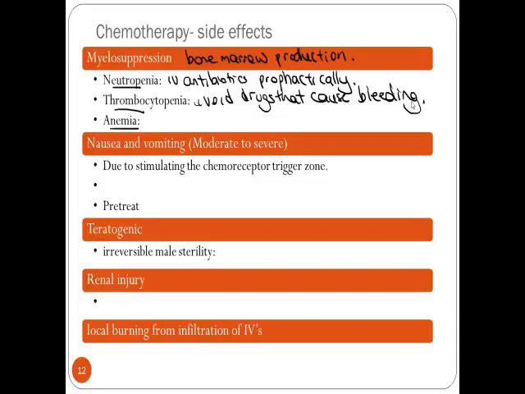And then in order to treat anemia, which is very important in the health and mental status of the patient, sometimes a transfusion is given, or else the hormone EPO, erythropoietin, is given to stimulate red blood cell production.